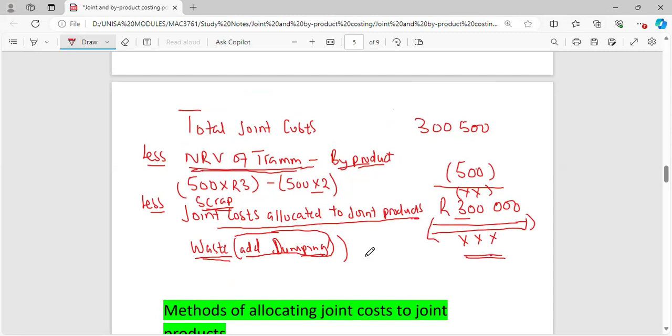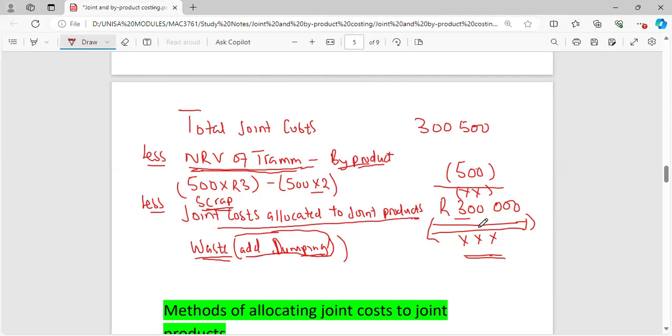It's now a negative R1 realizable value. Yeah, it means it's a loss. So we add it to the cost. If it is a negative net realizable value, then it's going to increase the cost.